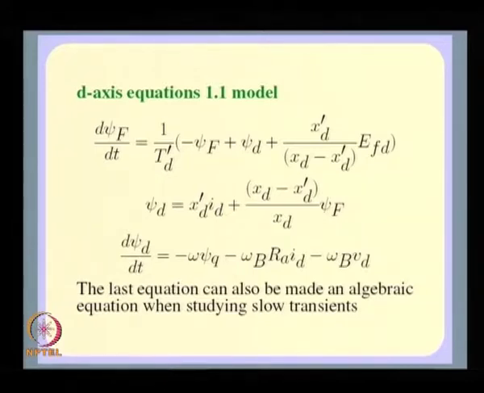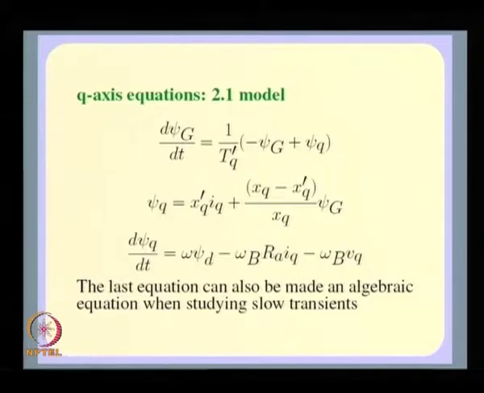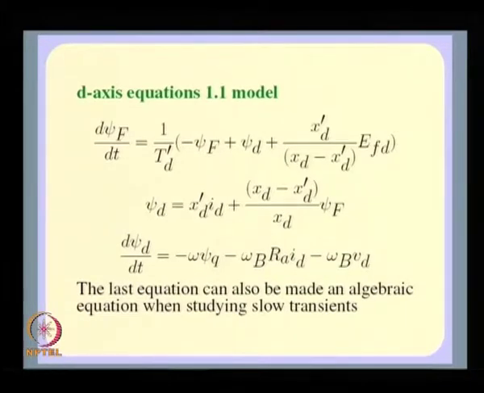I will show it to you again. Now, one question which I would like to ask you is, can we get the equations of an induction machine from the 1.1 model of a synchronous machine?